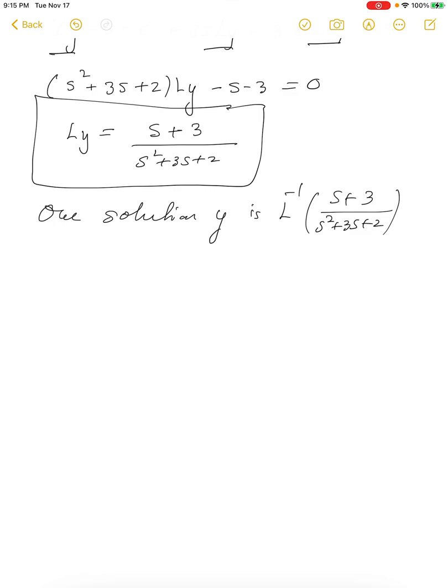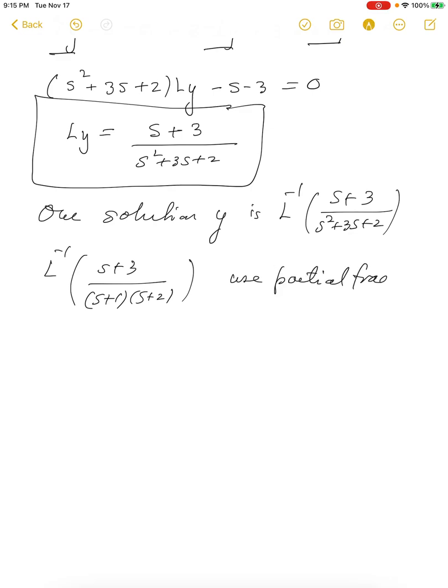The denominator here factors as s plus 1 times s plus 2, and so we use partial fractions to write down the fraction of polynomials that you have.